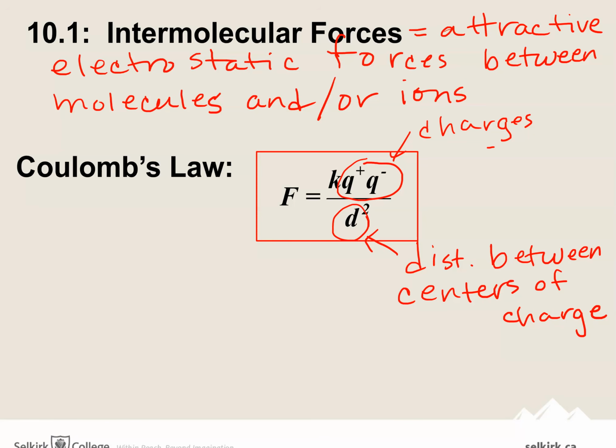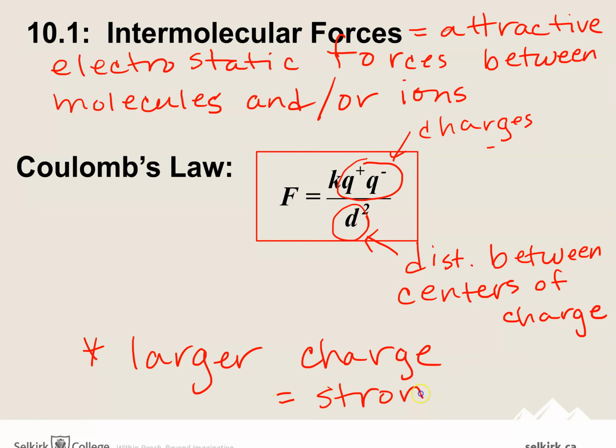What it's going to boil down to is that the bigger the charges on the molecules or ions, the stronger the attractions. Coulomb's law says the bigger the charge, the bigger the attraction. And that means a stronger intermolecular force. IMF, for intermolecular force.